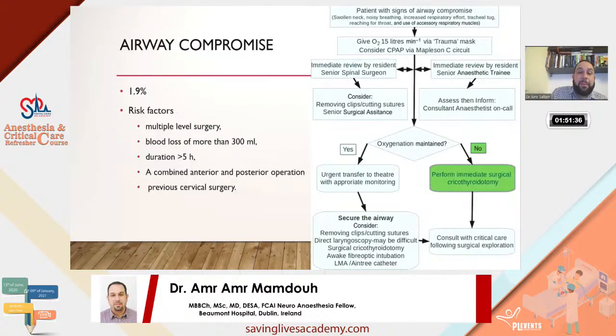You have to have a stepwise plan for airway compromise, how to perform it, at which level you have to reintubate, and whether to transfer the patient to the operating theater or even for a tracheostomy.